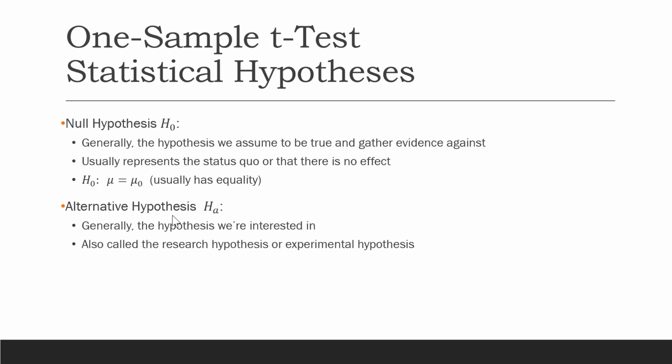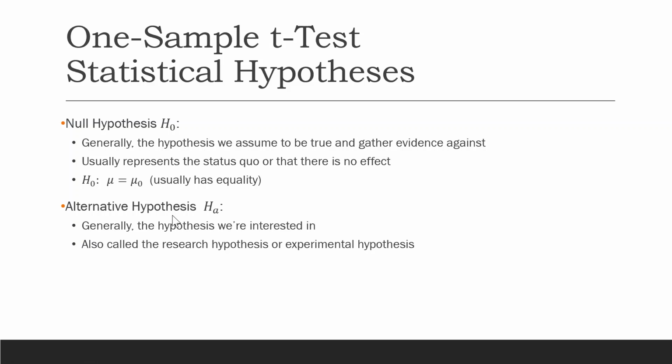And that is what our alternative hypothesis captures. Because it's usually the hypothesis we're interested in, you may see individuals refer to your alternative hypothesis as a research hypothesis or an experimental hypothesis. We're going to use the term alternative hypothesis.